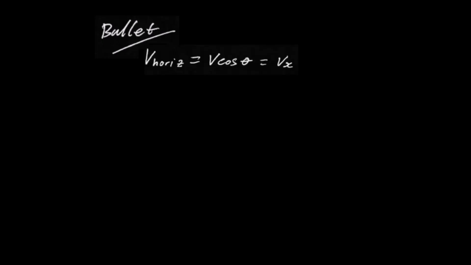Now let's make some definitions for the bullet. The velocity in the horizontal direction here is not an outright velocity. The bullet is fired upwards at an angle. That means the x component, the horizontal component of the velocity, has to be taken into account, which is Vx, which is v cos theta.